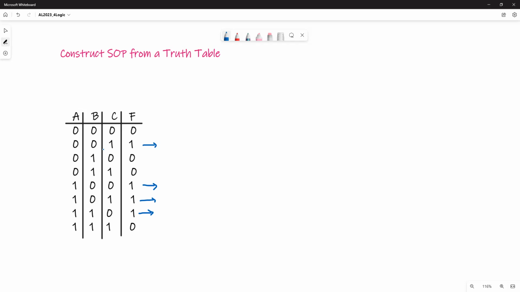This is a multiplication, a product. We write it so that the product becomes one. Here, this represents A bar, because 0 means the complement, as we discussed earlier. So for this term we will have A bar, and then this one is B bar, and then finally C. This is the multiplication, the product term.